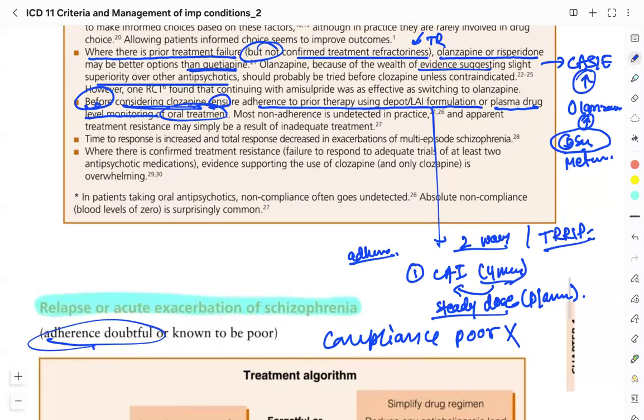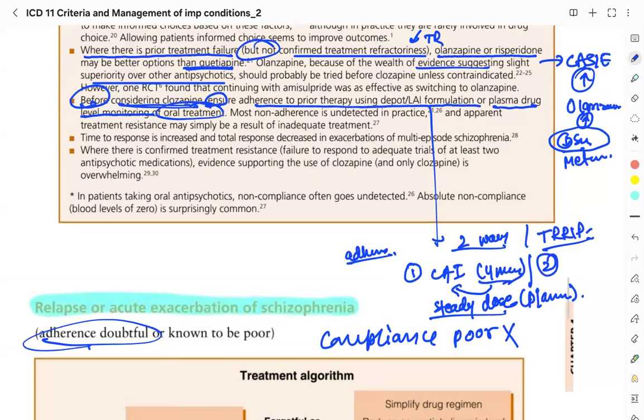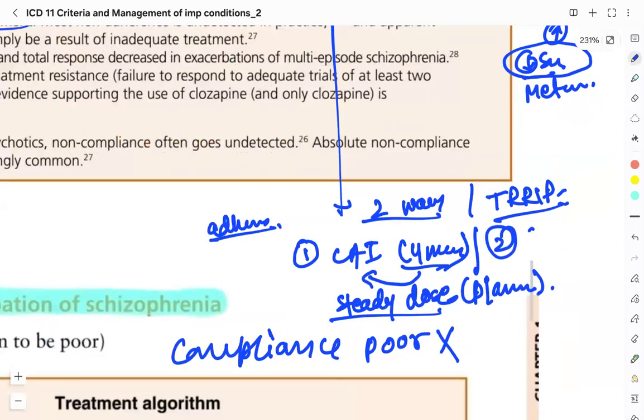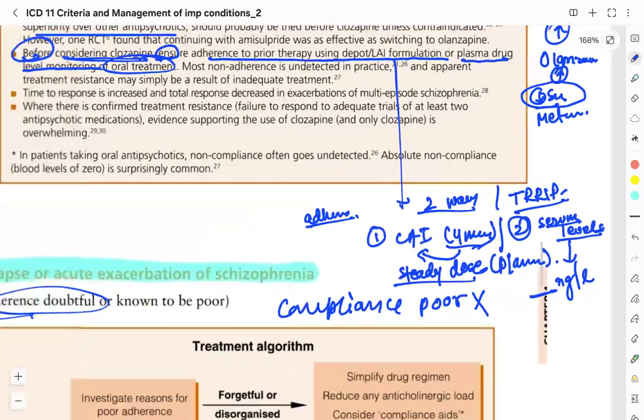And either this or you also take the serum levels of that drug. You check the serum levels of that drug. So the nanogram per liter levels should have been present before you consider that, okay, this is treatment resistant. All right. So this is what they say.